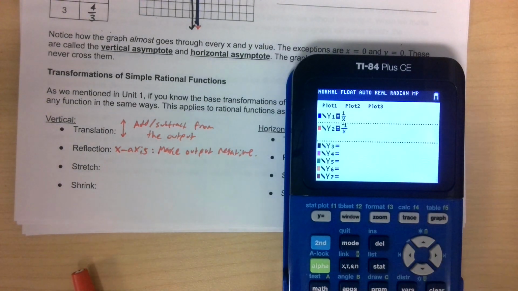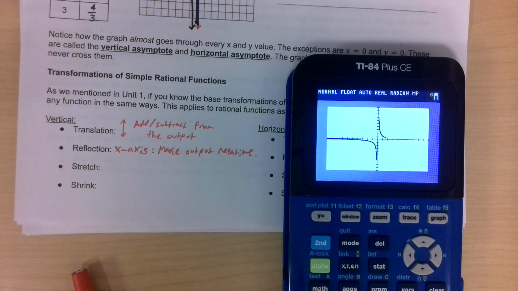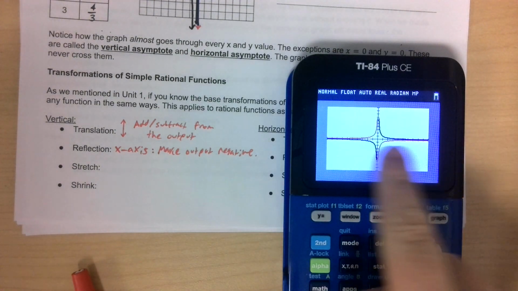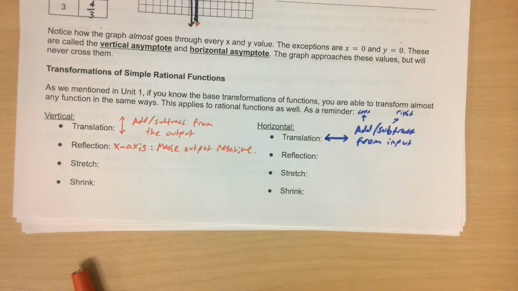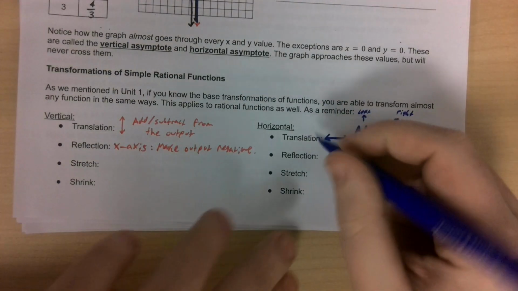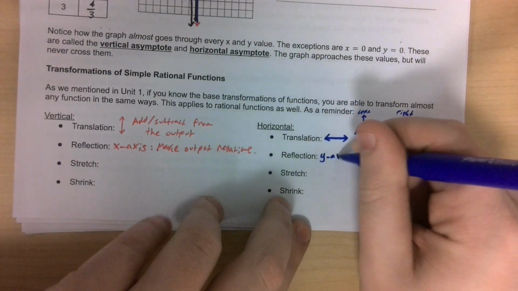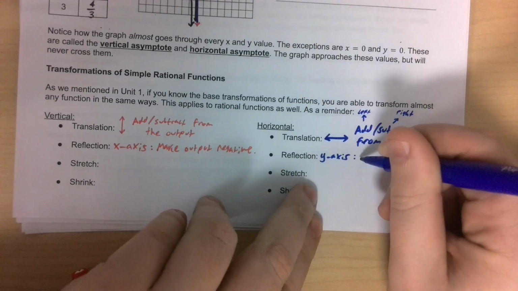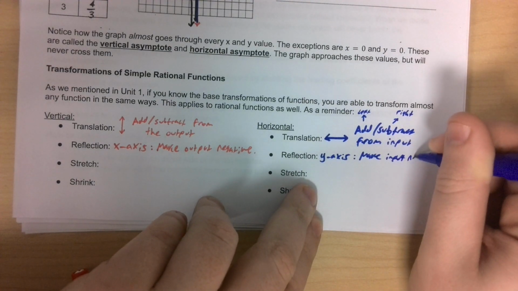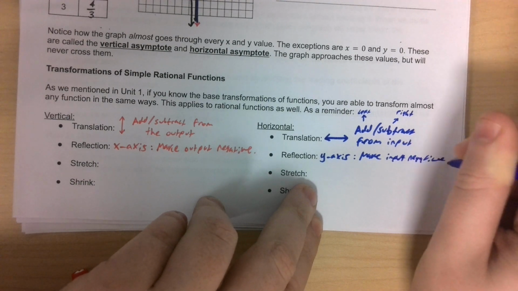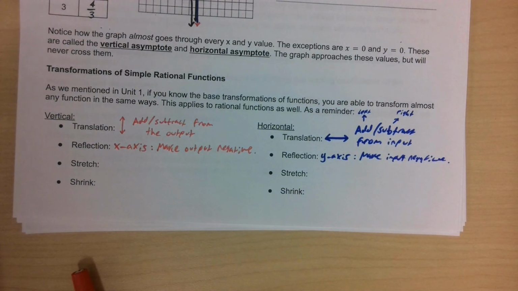That's also the same as making the output negative. If I graph it, here's our original, here's our new version. Now we see where that star comparison comes from. Of course, if we want to flip it over the y-axis, or do a horizontal reflection, we make the input negative. Beautiful.